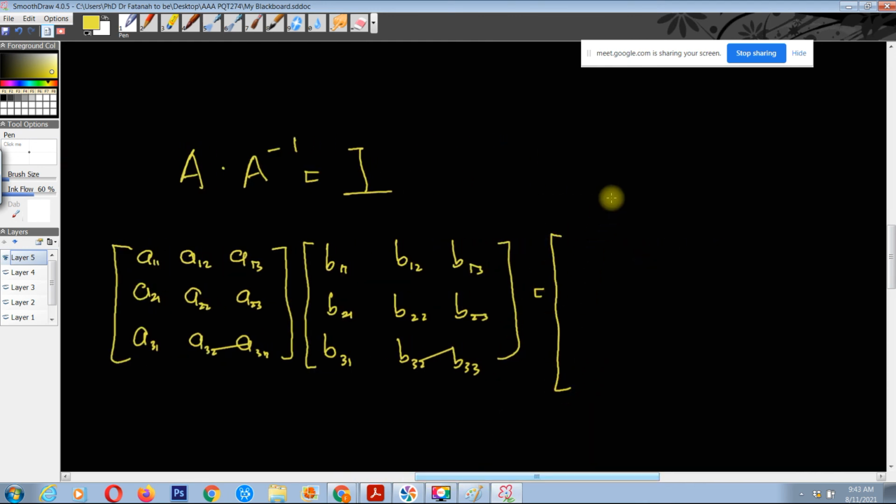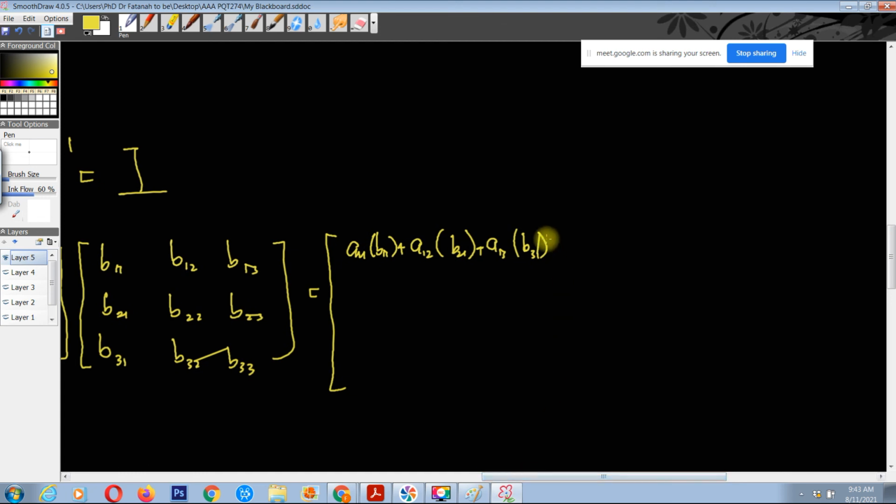For the first element, we have A11 times B11 plus A12 times B21 plus A13 times B31.